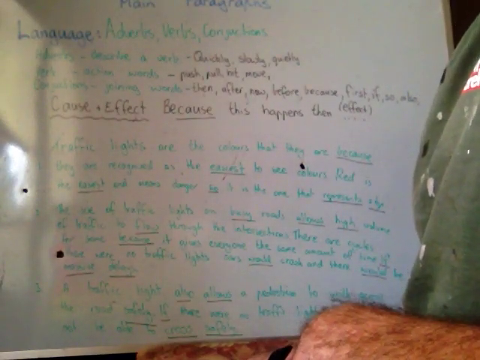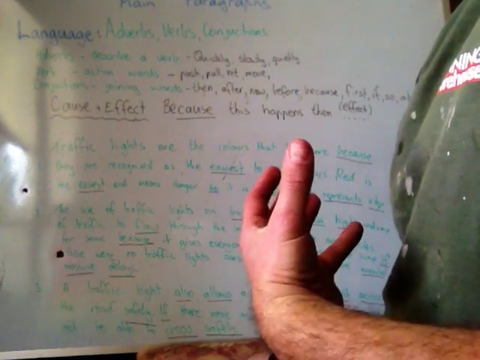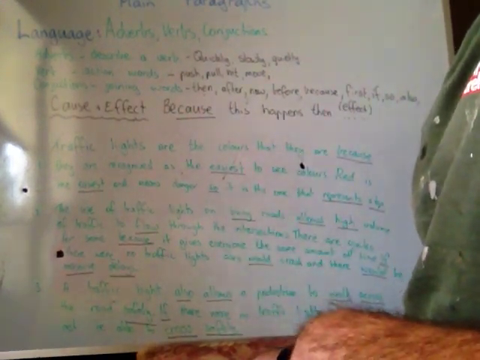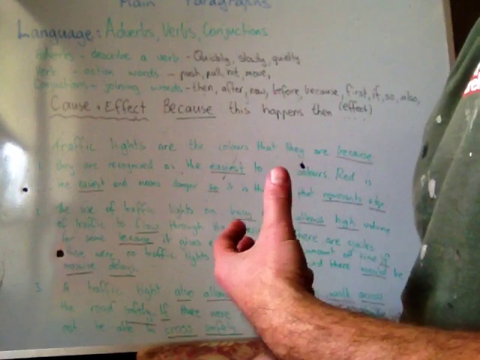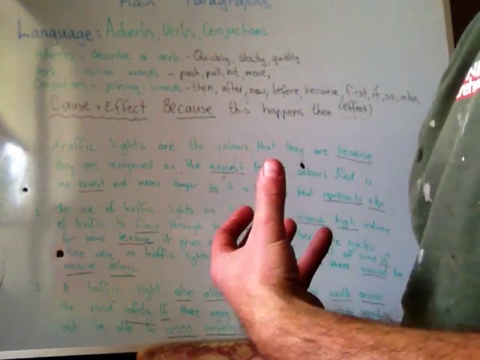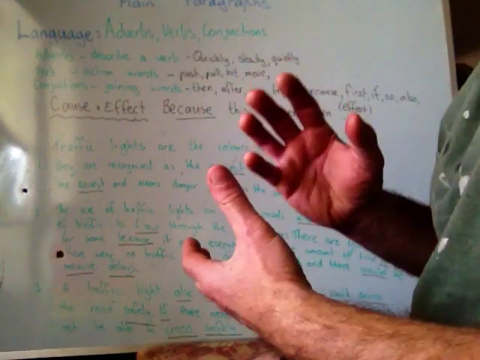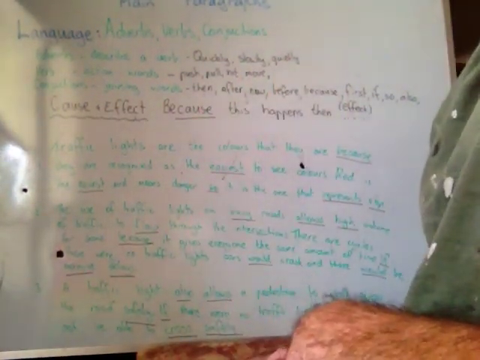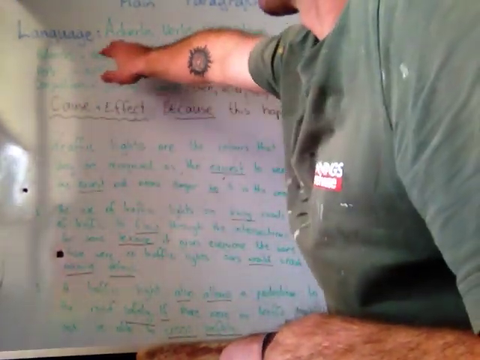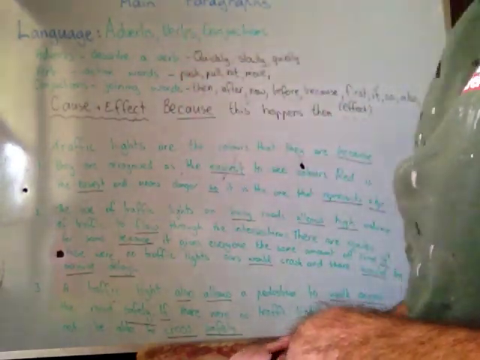Okay, now there's a big key when writing explanation reports because there's some language that should be in there. The 3 forms of language that should be in there, depending on what you're doing: adverbs, verbs, and conjunctions.